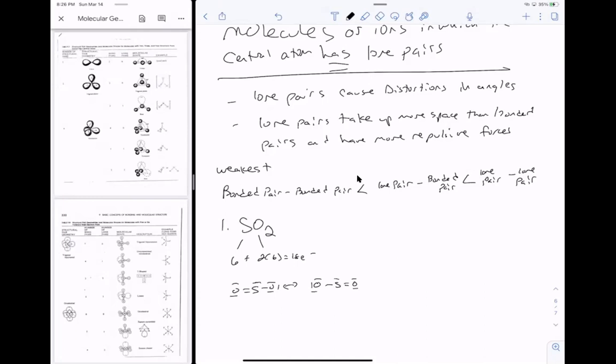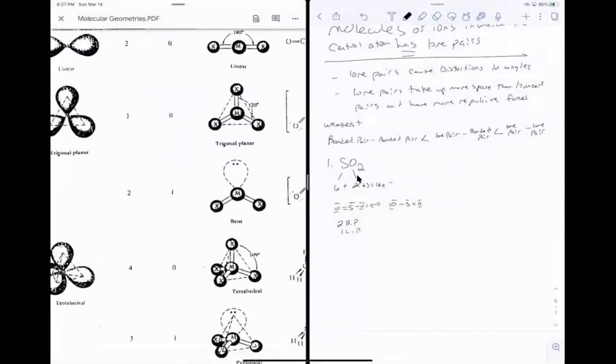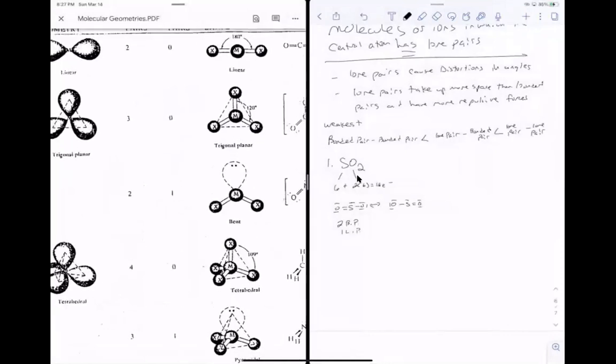Remember, single, double, and triple bonds are all considered one bonded pair. So I have 2 bonded pairs and 1 lone pair. 2 bonded pairs and 1 lone pair, I go to a 3-structure geometry. So here's our 3-structure geometry. That was that trigonal planar.